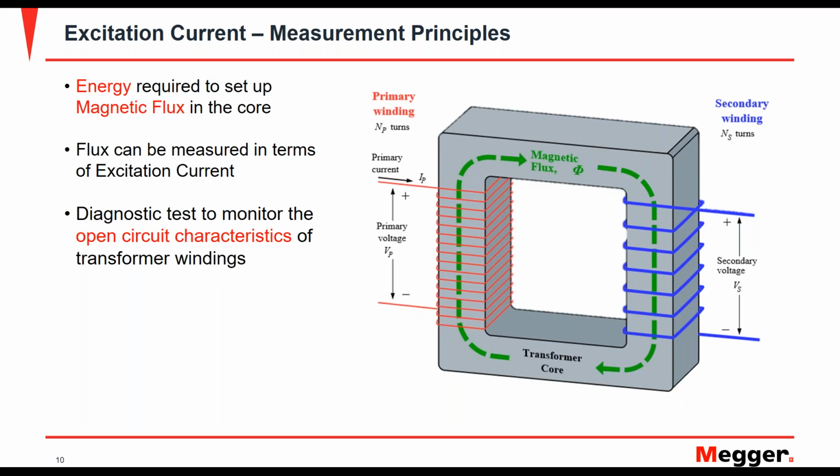So we are looking at two parts of this puzzle. The first is understanding how much energy it takes to establish that working flux within the transformer so that it links to the secondary side. And we are also understanding how the primary winding is going to behave in an open circuit condition.